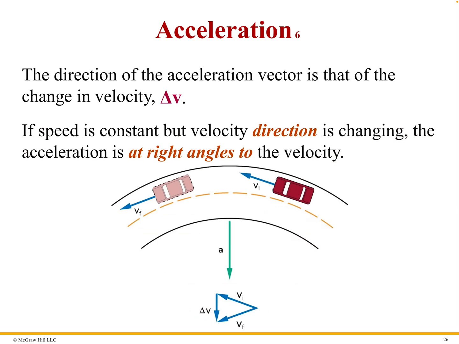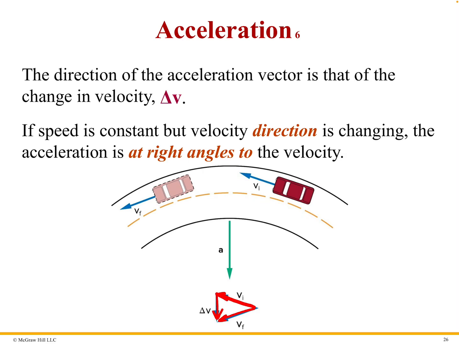The direction of the acceleration vector is that of the change in velocity. This is just showing you that you have your final like this, and your initial is pointing towards the northwest. Your final is pointing towards the southwest.